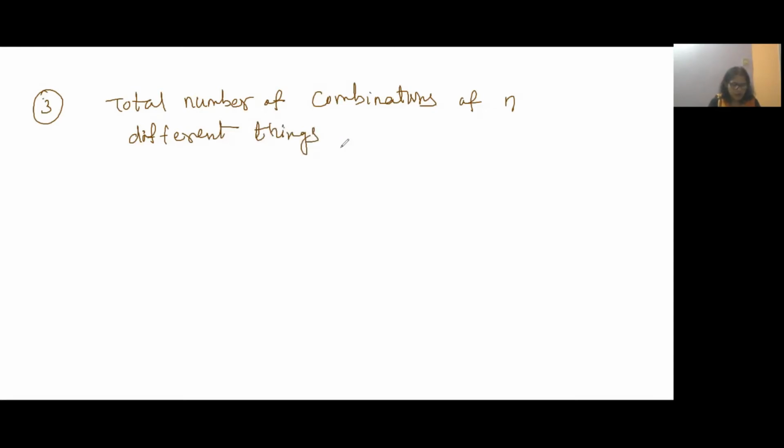Total number of combinations of n different things, taking any number of them at a time.